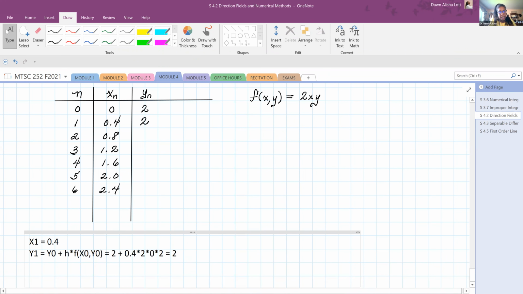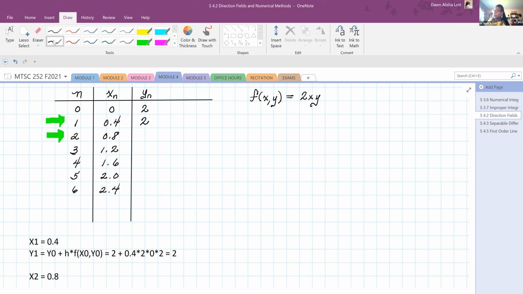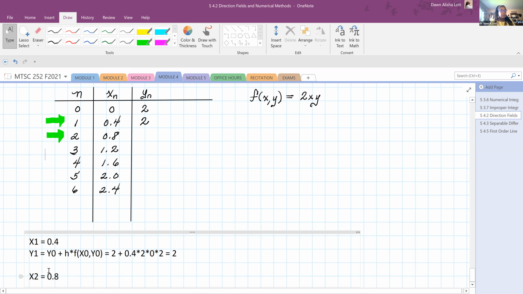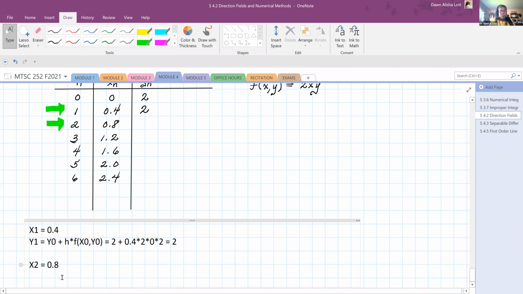All right, x2 is equal to 0.8. I already did x1, now I'm at x2. y2 says take y1, add to it h times f of x1, y1.